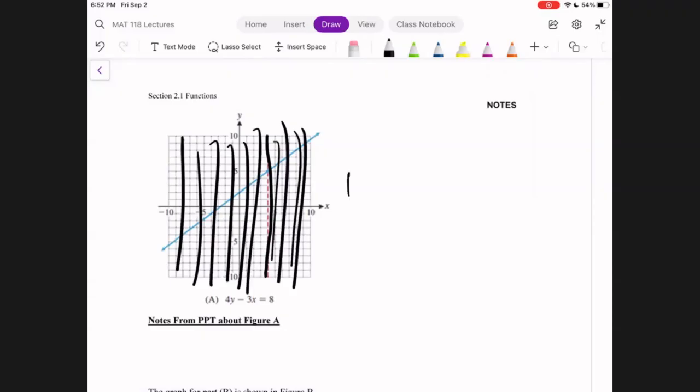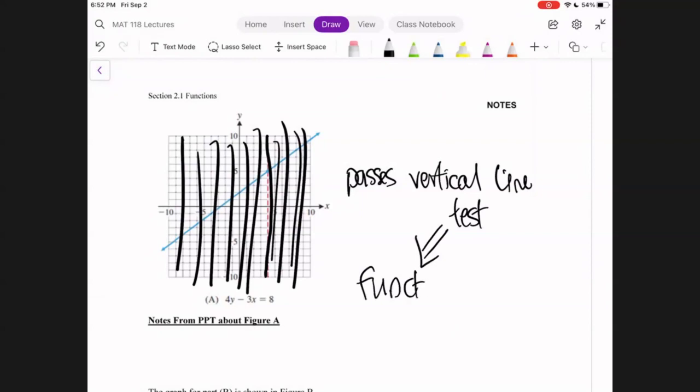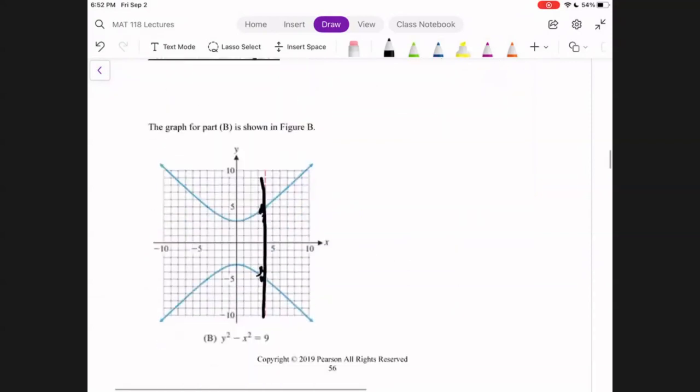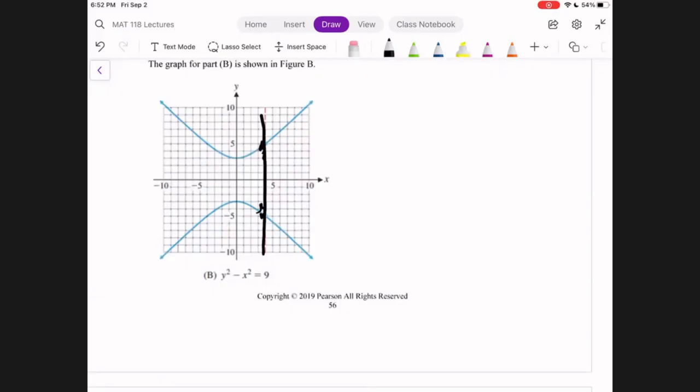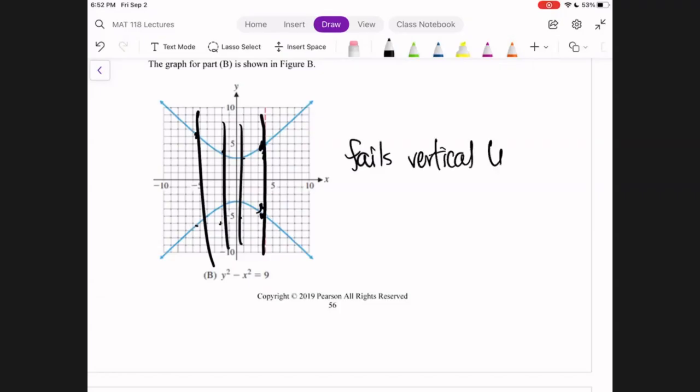So this passes the vertical line test, meaning it's a function. This one, if I draw another one, it hits twice, hits twice, hits twice. So if anywhere it hits twice, it's not a function. So this fails the vertical line test.